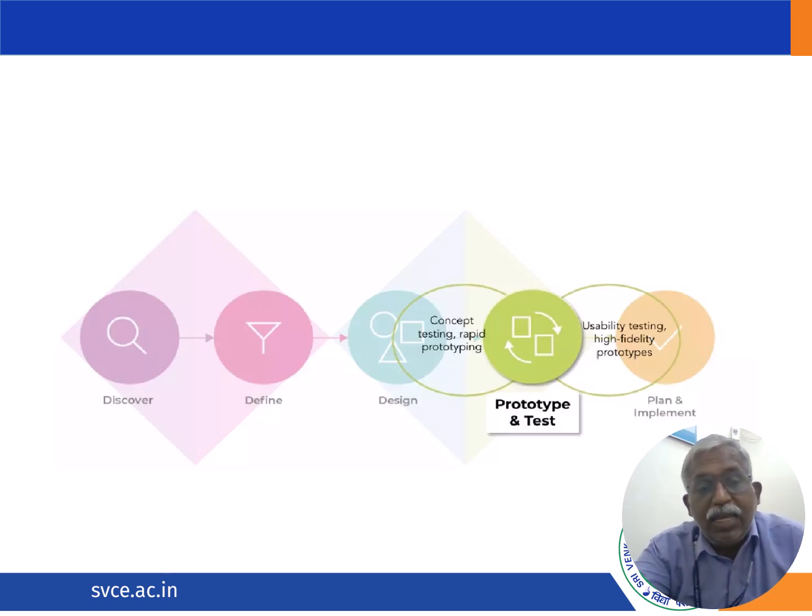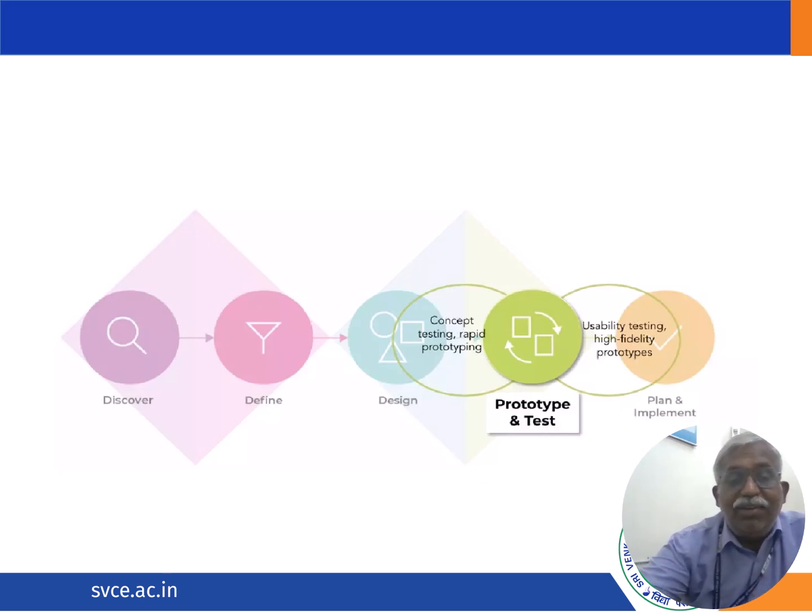One is empathy, defining, then ideation. After ideation, before testing, we have a prototype. We follow the prototype testing. After testing, we are releasing the prototype. That means we are going for mass scale production.